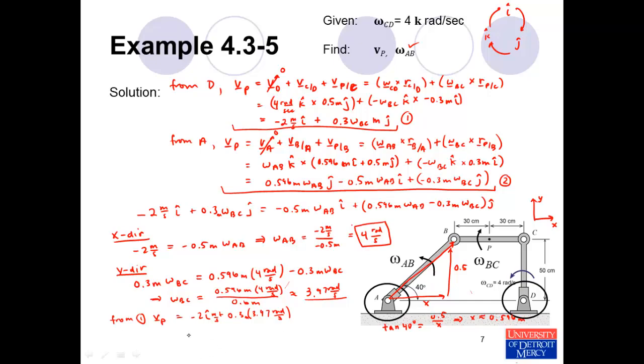We multiply that out, still have negative 2 in the I. 0.3 times 3.97 is approximately 11.91, all in the J, and the units work out to be meters per second. And so that is the other quantity we were asked to find.